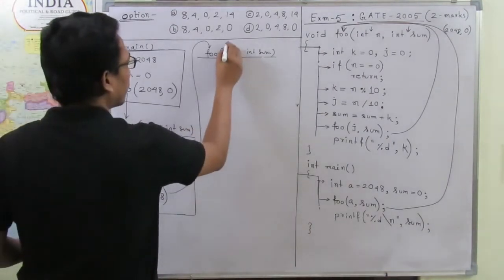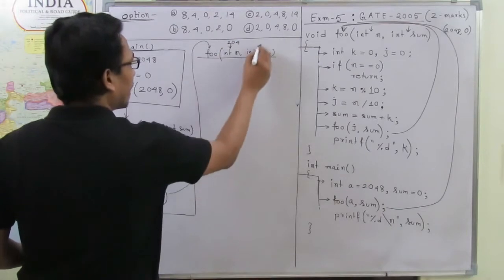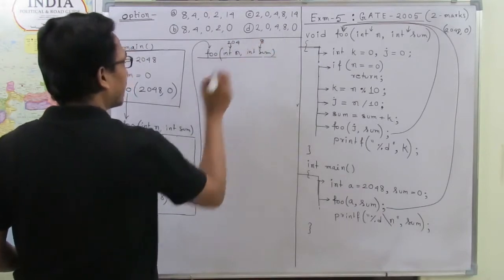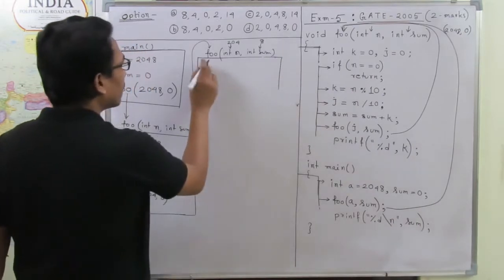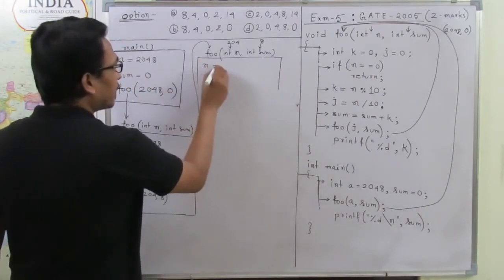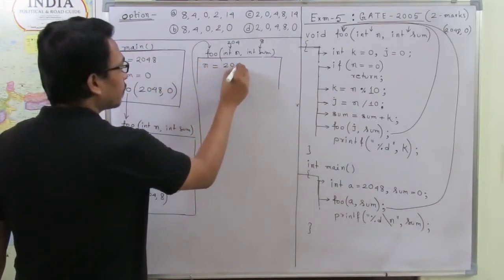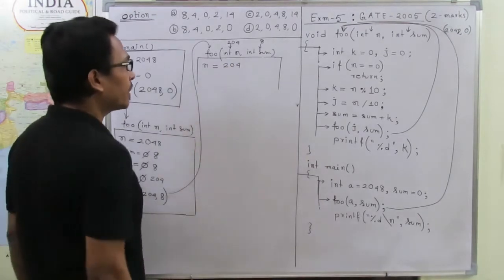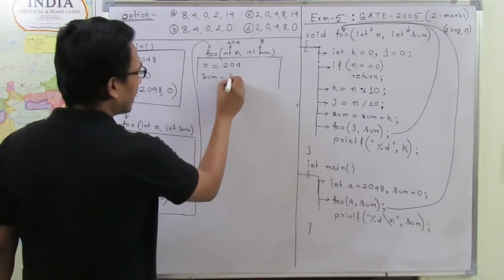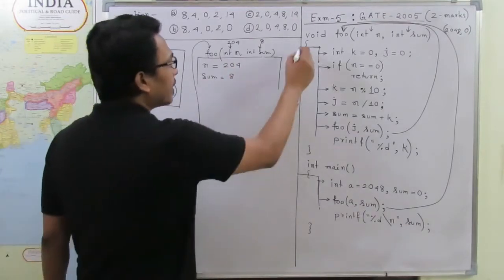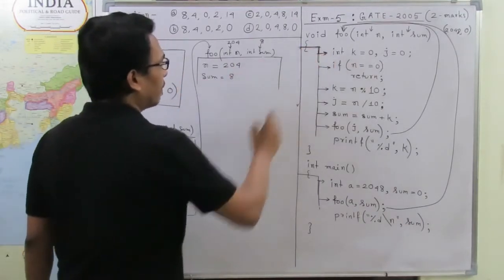So here 204 will be stored in n and sum will contain 8. Inside this foo block, n holds the value 204, the first argument, and sum is one more variable that will contain 8. Now enter inside the function definition.